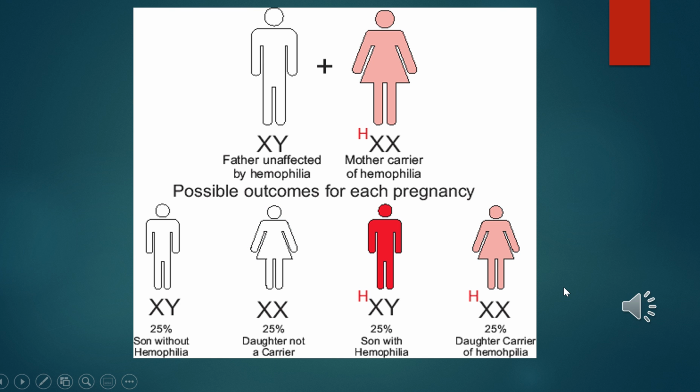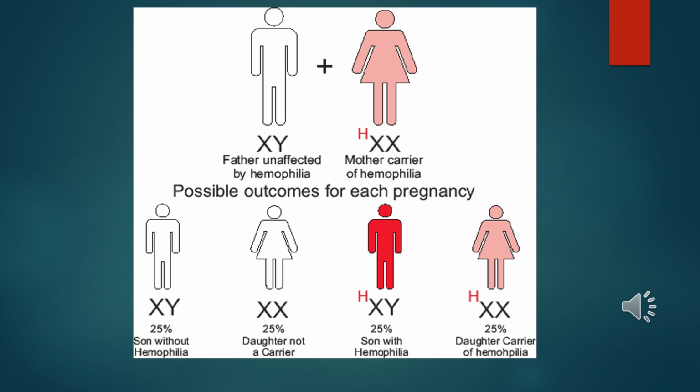Now this is one more example in which the woman is a carrier and the man is normal. So both are married, and what happens after pregnancy? So our outcomes of pregnancy. Now if you make a Punnett square, then you can see that a normal female is formed. 25% chances are the girl is normal, and 25% chances are the boy is without hemophilia, but 25% chances are the son may be hemophilic.